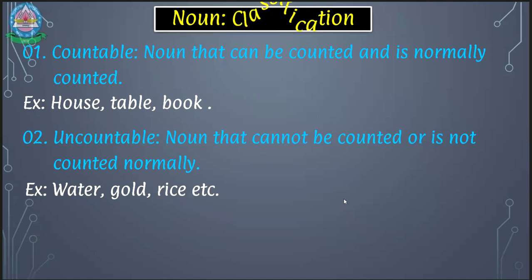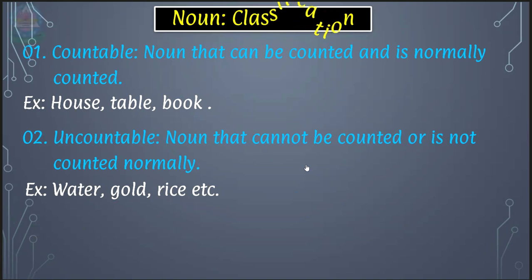But in your syllabus, it has been said that you should go through countable and uncountable. Though the basis of visibility and non-visibility is not given here, we should discuss it for the sake of understanding it better.